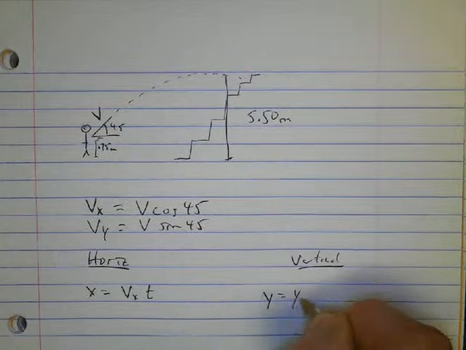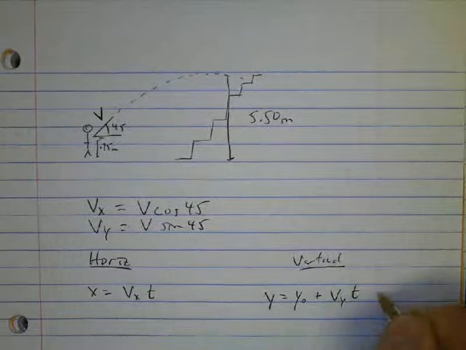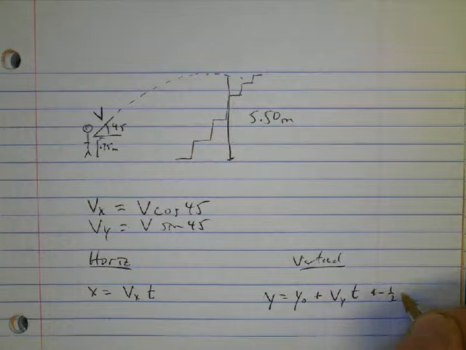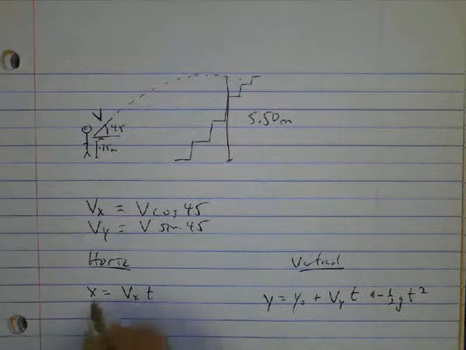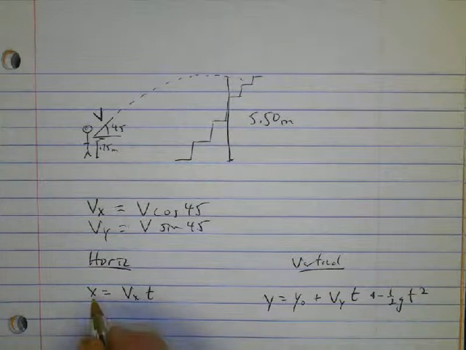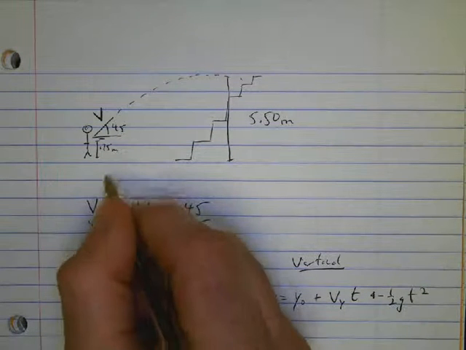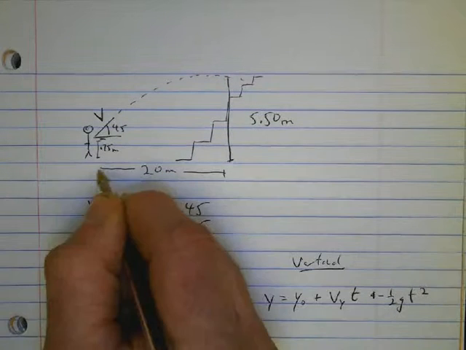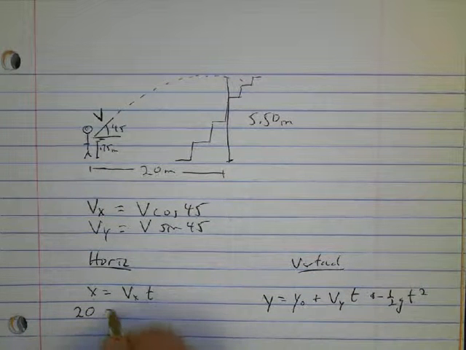Okay, let's substitute in some information. We do know that the bleachers are 20 meters away. I forgot to write that in. So we know that x is 20. I'm going to leave the units out. The v sub x is v cosine 45. I just made this substitution, times time. Y is how high she needs to get, so that's 5.5 meters.